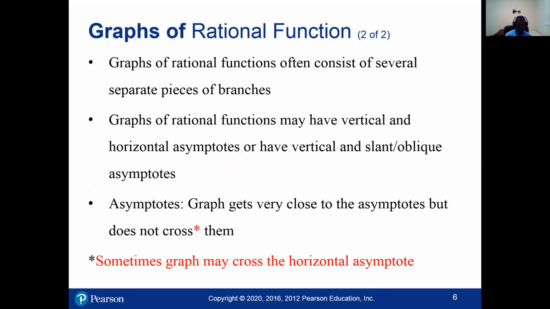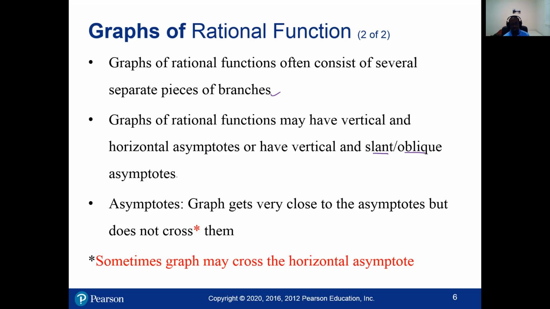Okay, now when we talk about graphs of rational functions, there are certain things we should know that I want to bring out. Graphs of rational functions often consist of several separate pieces or branches. The graphs may have vertical and horizontal asymptotes, or vertical and slant or oblique asymptotes.